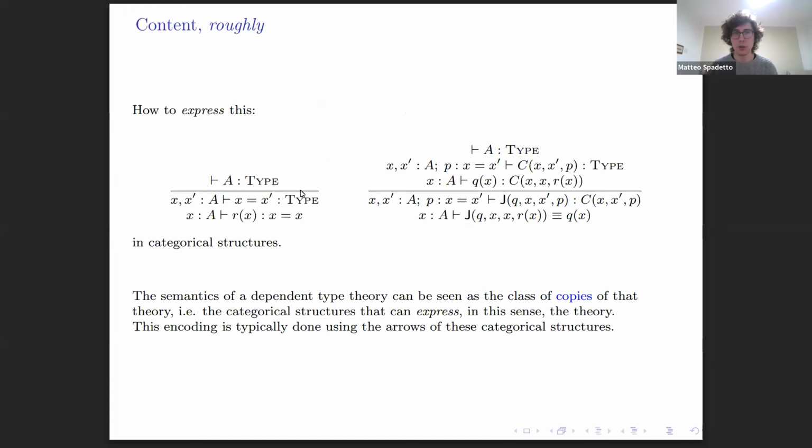Let's get started. So roughly speaking, this talk will be on how to express inference rules for dependent types, especially for the logical part of dependent types, in categorical structures.